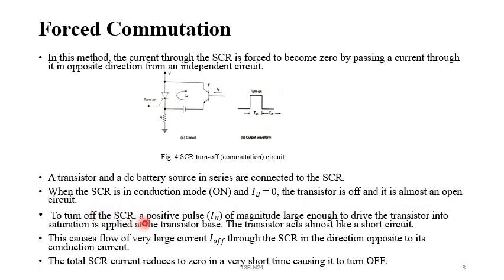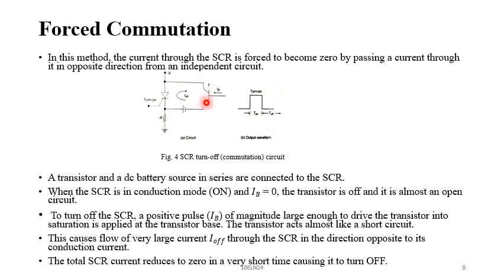Now to turn off the SCR, a positive pulse of IB, of magnitude large enough to drive the transistor into saturation, is applied to the transistor base. So you're applying a pulse type of signal to the base of this transistor. Because of that, there exists a current IB, so the transistor goes to the saturation state.